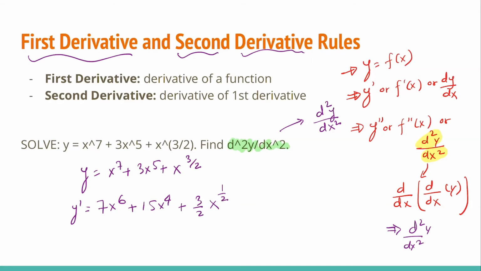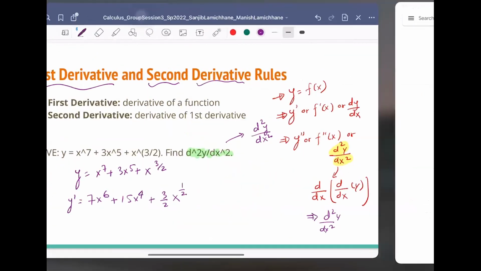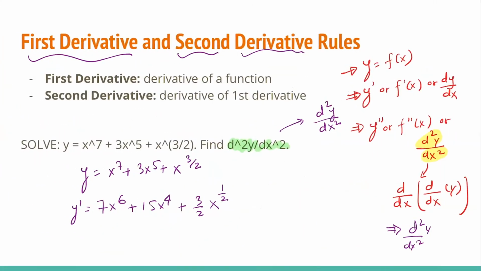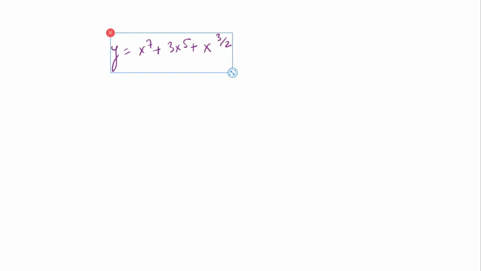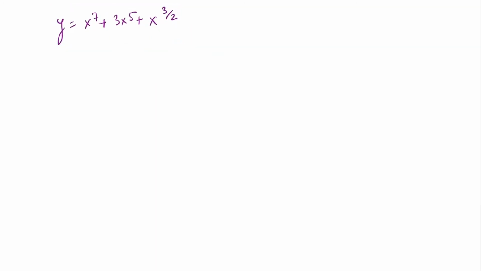If you want to see how I got this answer, let's do it here. Let's copy the expression here. We can just write d over dx of each expression, which is d over dx of x to the power 7 plus 3 d over dx of x to the power 5 plus d over dx of x to the power 3 over 2.